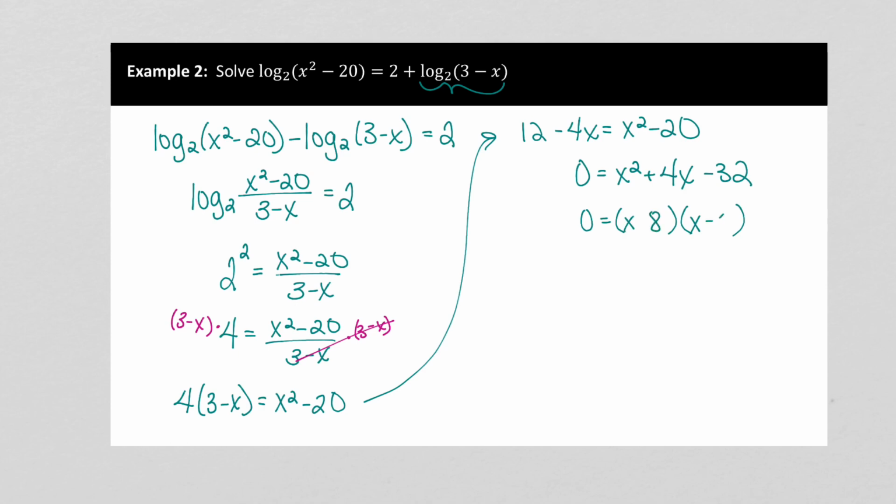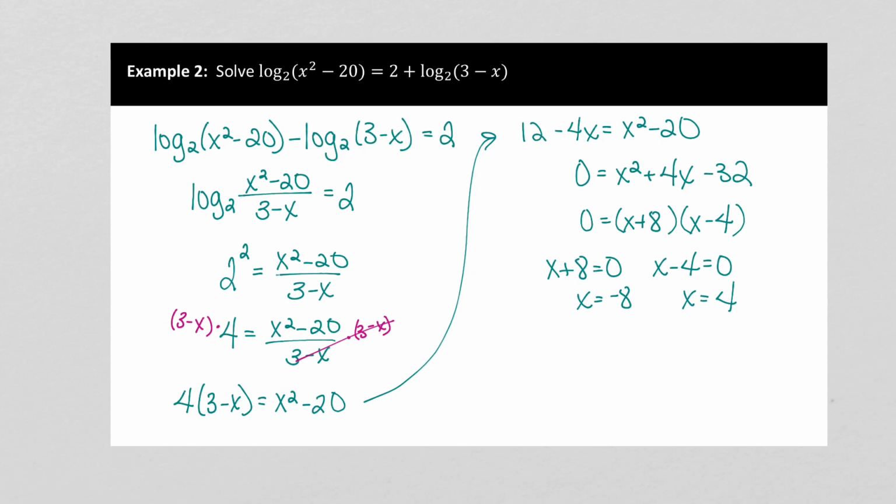Eight and negative 4 will work. So negative 8 and 4 could be our solutions. However, remember, we have to go back and check.